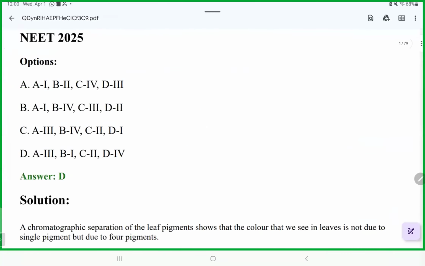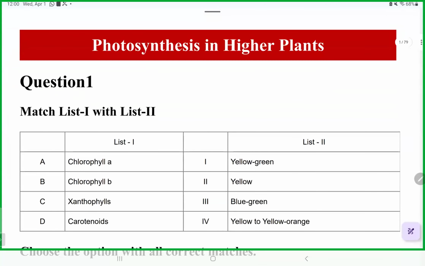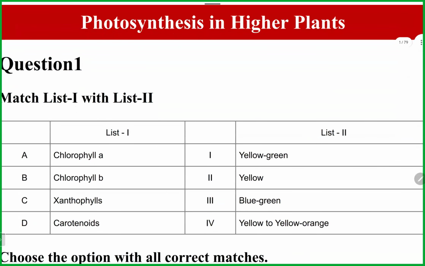So remember in this case, chlorophyll A's main color is blue because in the blue region and red region there is maximum photosynthesis. Out of these two, blue is more. So maximum photosynthesis in the blue region, correct? So blue region means chlorophyll A is bluish color. Carotene is orange color.